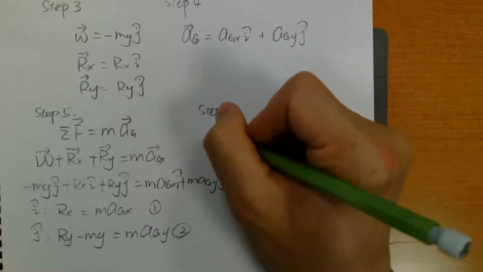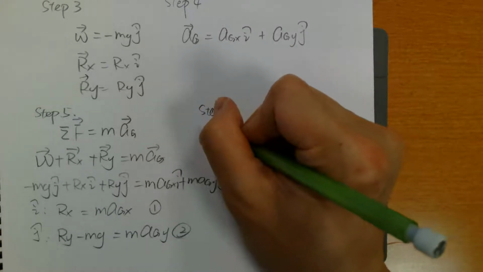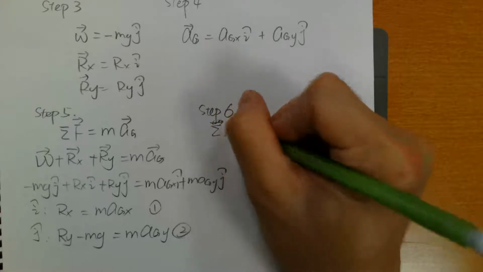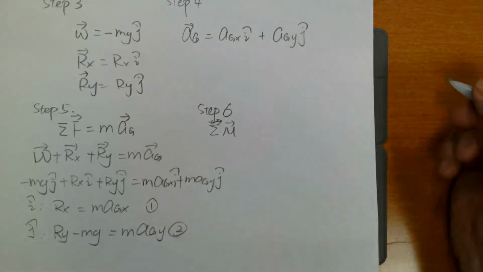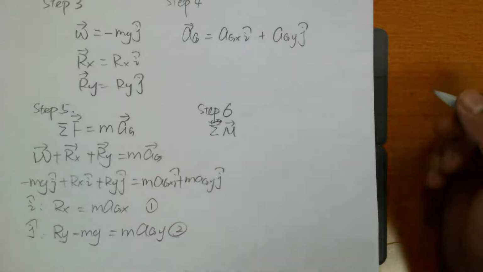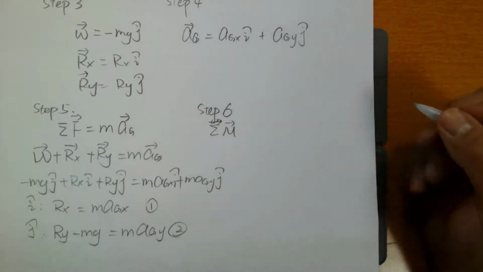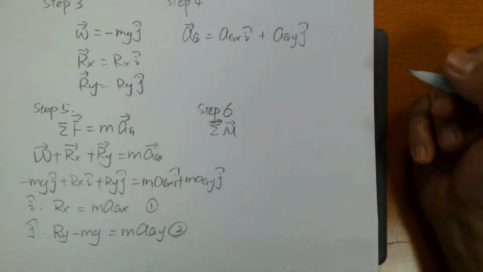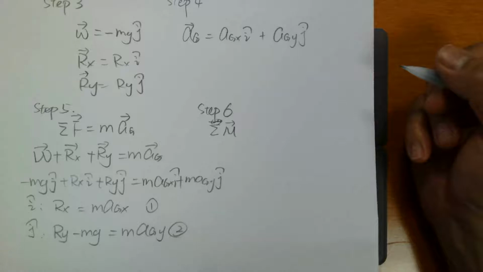Step six is to apply Euler's second law, sum of all your moments. And here we have to pick a special case. We mentioned three different special cases in the previous video and lecture, and you can pick one of the special cases to simplify your equation.